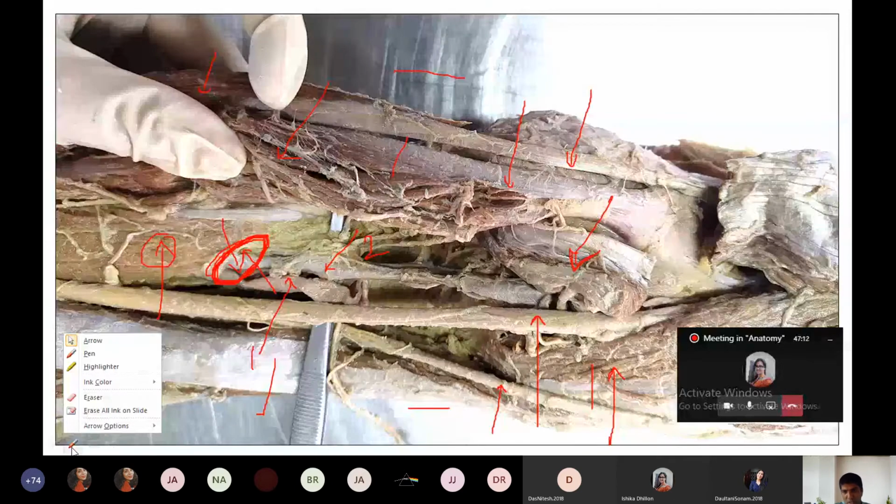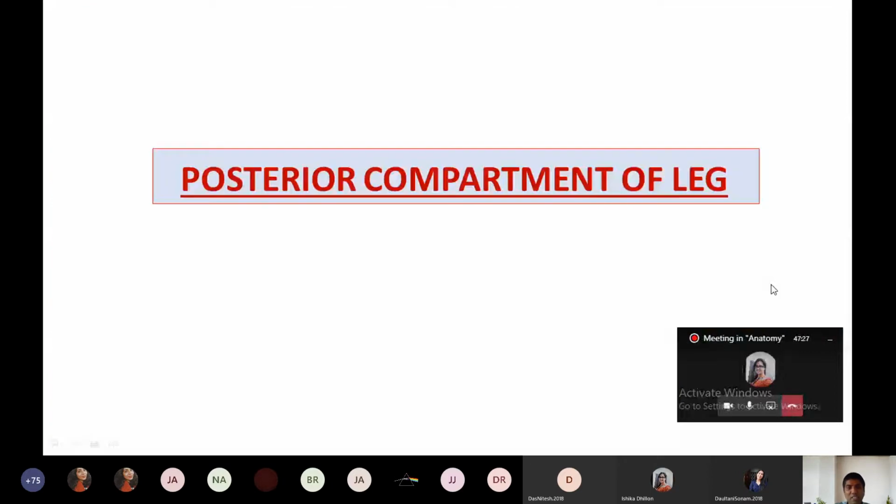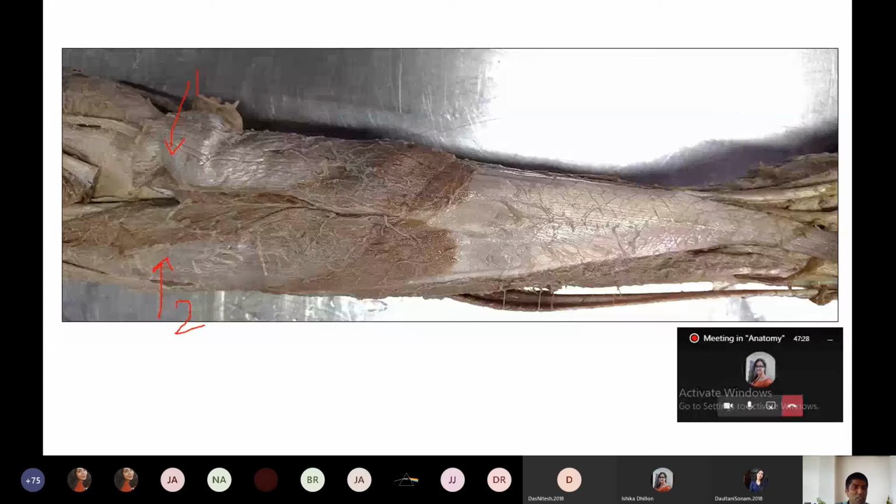What is this one? This is what I told you, the medial head of the gastrocnemius. So the cut part is of the medial head of the gastrocnemius, and the same specimen is now photographed from the lower part. Now you can easily make it out. This one is the cut part of the gastrocnemius, so this part is the medial side. Number 1 is the medial side. You remember it now.